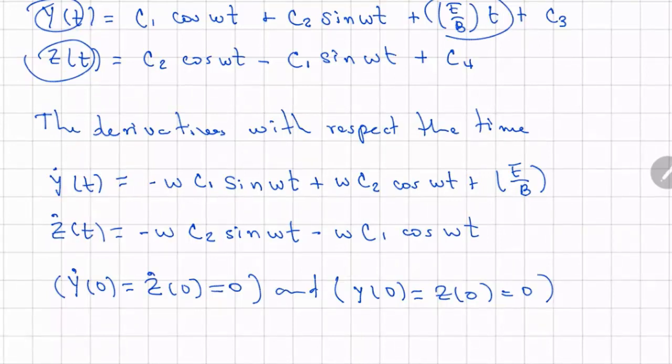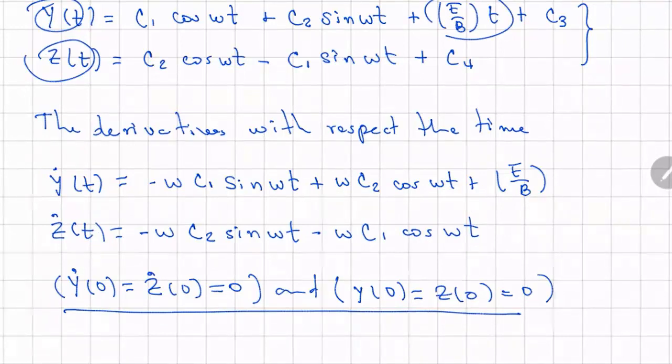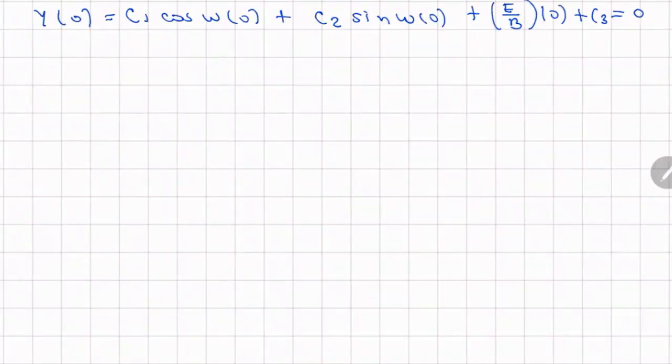So what we are going to do is replace these initial conditions, first, into these two equations. When we do that, we get the following equations. This is what we get when we replace 0 into the equation for y.